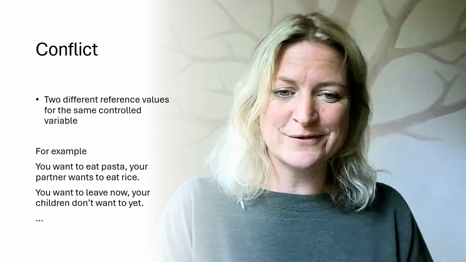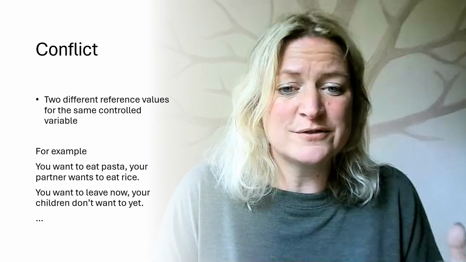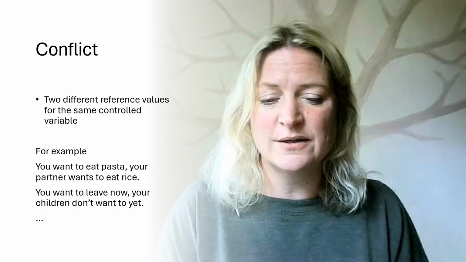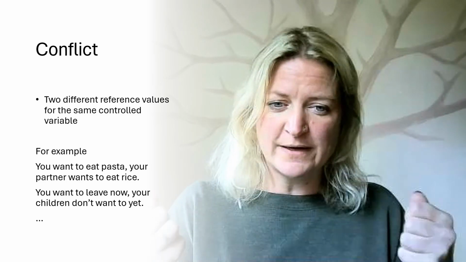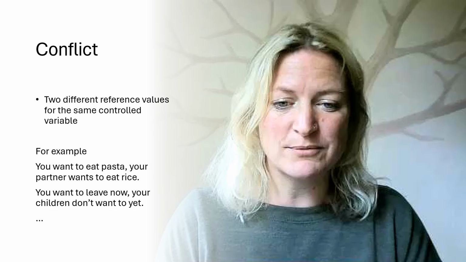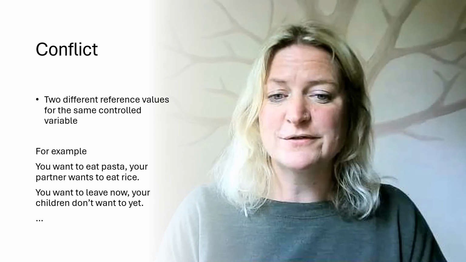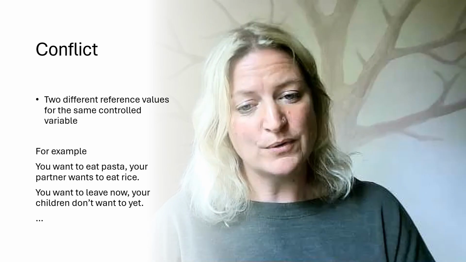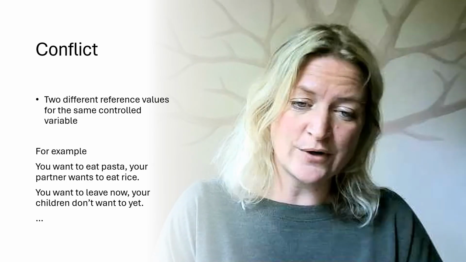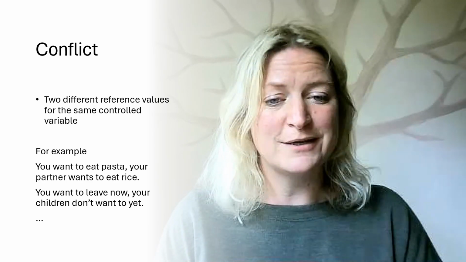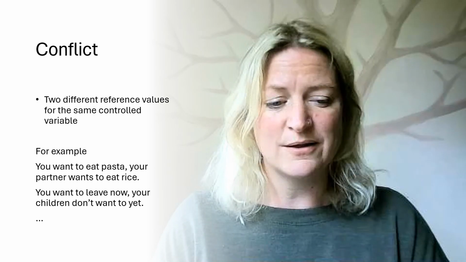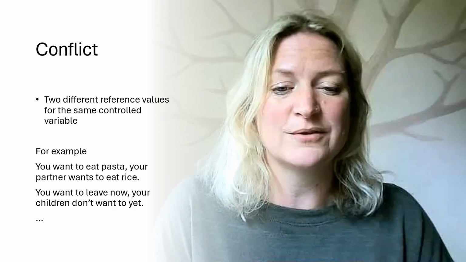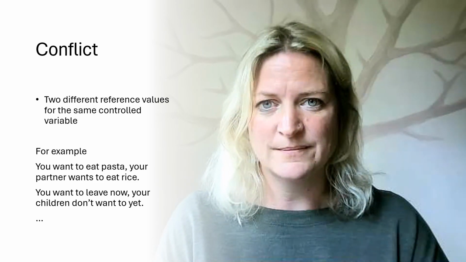So you have different reference values, different wants for the kind of dinner you'll be having, and you will fight each other to get what you want. And if you have children, you will notice that if at the moment you want to leave the house, the children are not yet ready to leave the house. So you fight about the right time to leave the house.